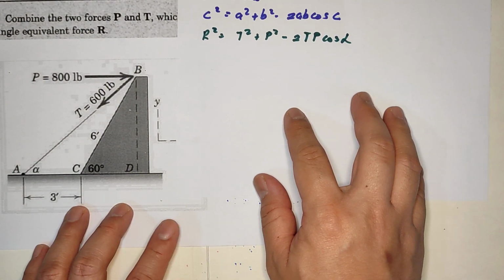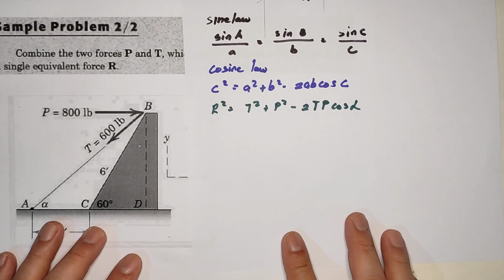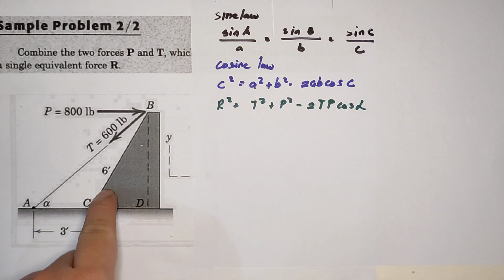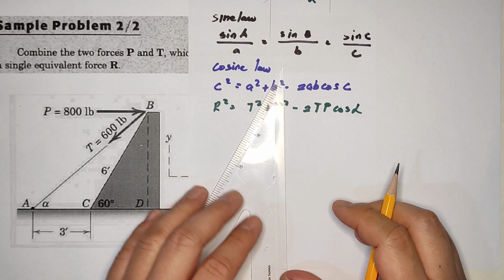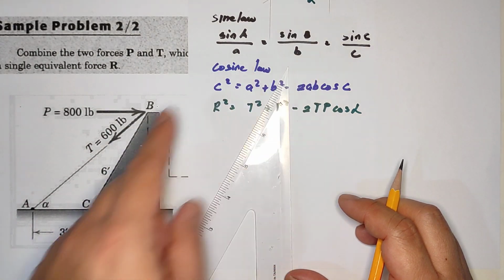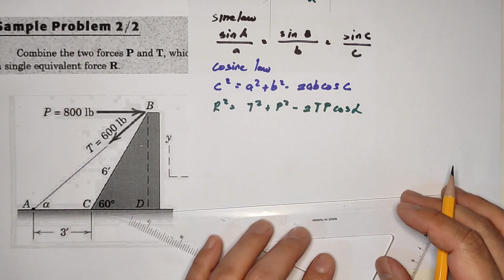To find the alpha, it's wise to draw the figure. So alpha, this is the alpha. So you have here 8 to D is this one.